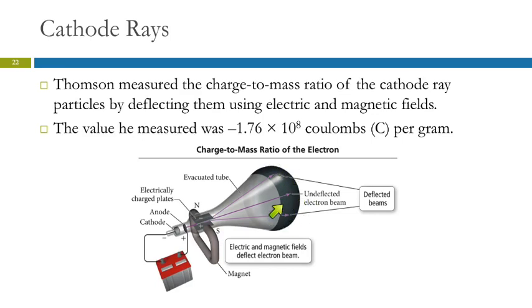This is the anode right here, passing electricity through here to make these rays, and then there was a hole in the anode so that those rays could just keep going. And so they would go in a straight line, and they would hit a detector over here. He could cause that ray to move by using an electric field or a magnetic field. So here he could deflect it.